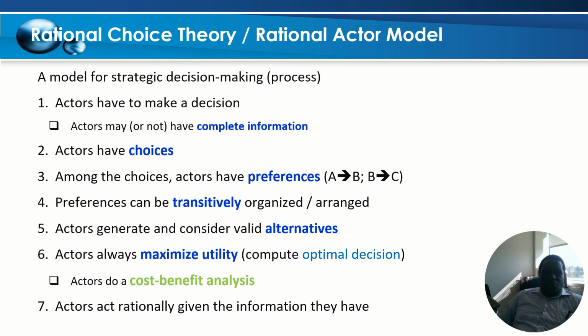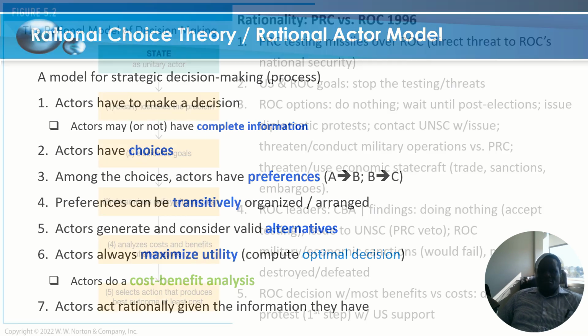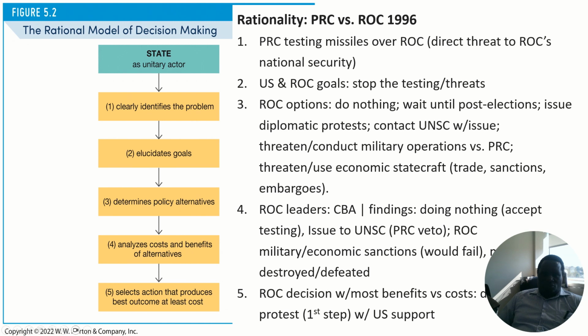And so we have previously talked about the rational choice theory, rational actor model, making a decision, choices, preferences, transitivity of the preferences, valid alternatives, maximization of utility through computation of the optimal decision, doing a cost-benefit analysis, and then acting rationally and repeating after implementing the decision.